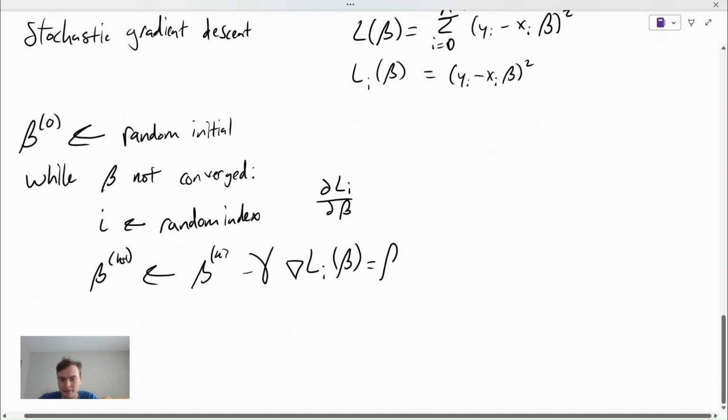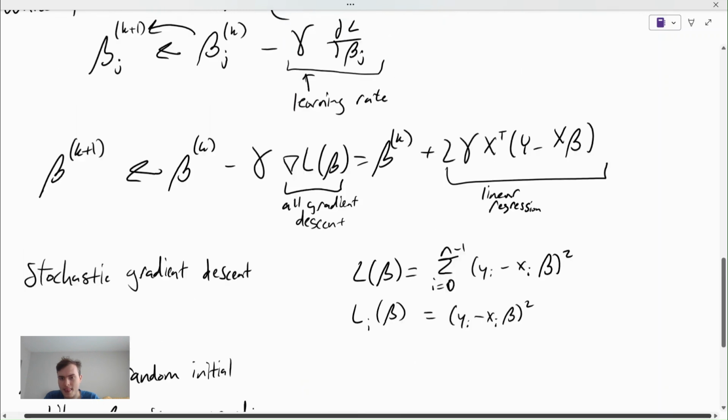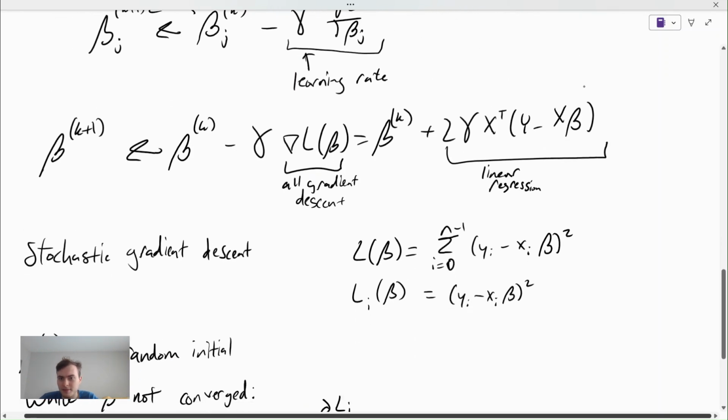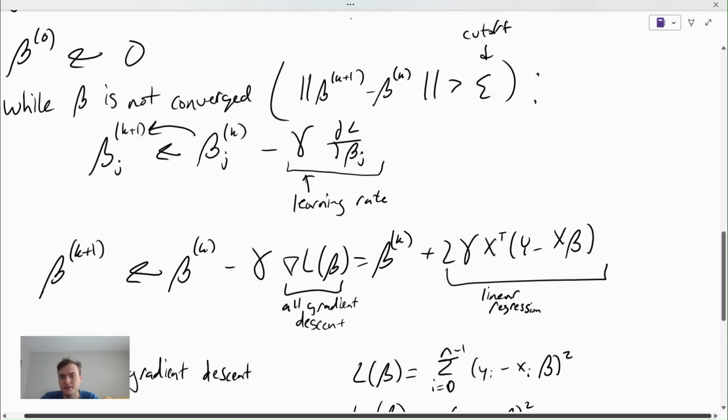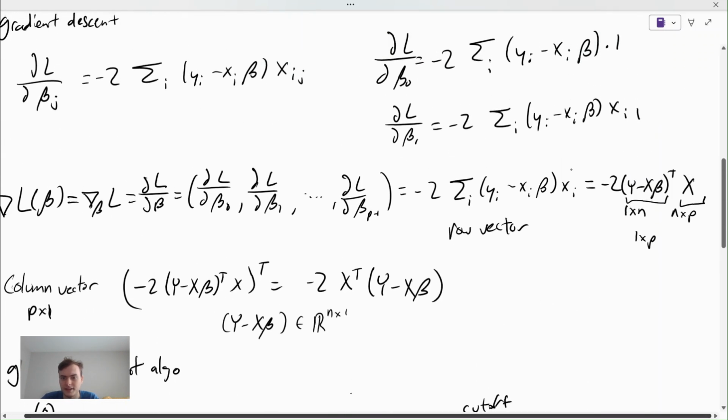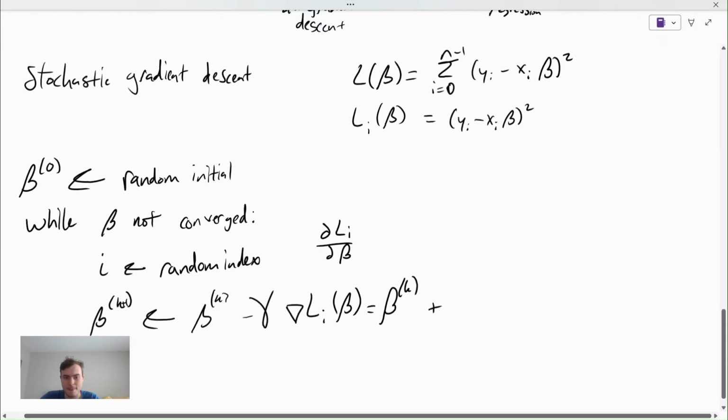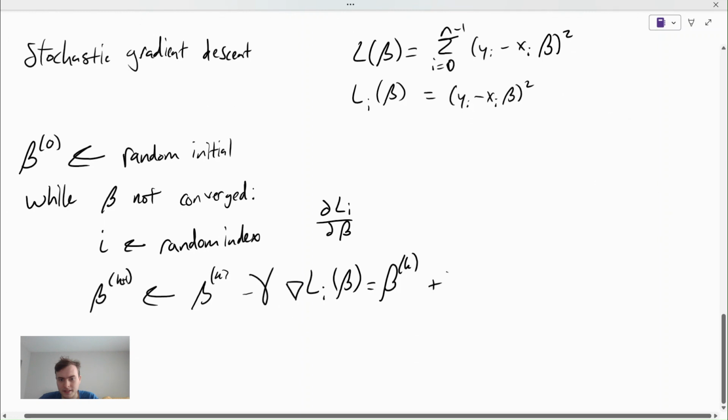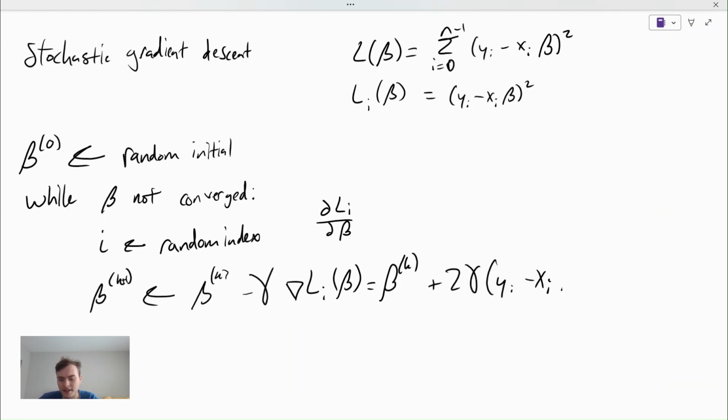So here we can do the same thing. But instead of the matrix, we're just dealing with a single row. So like this thing up here without the summation, plus 2 gamma times y_i minus x_i beta times x_i.